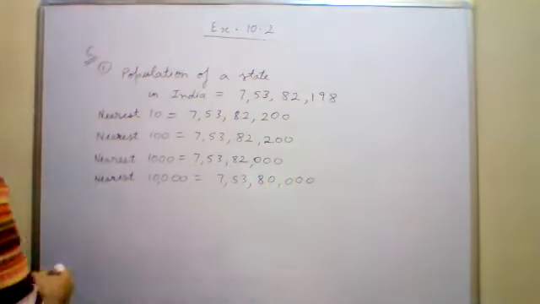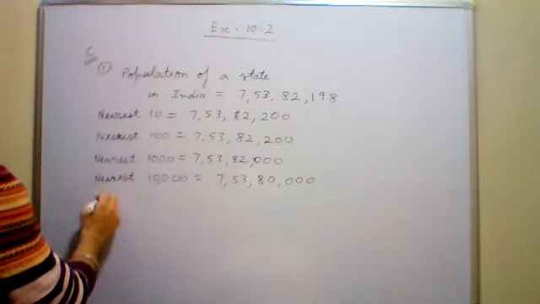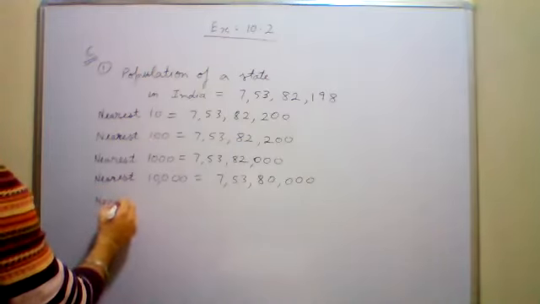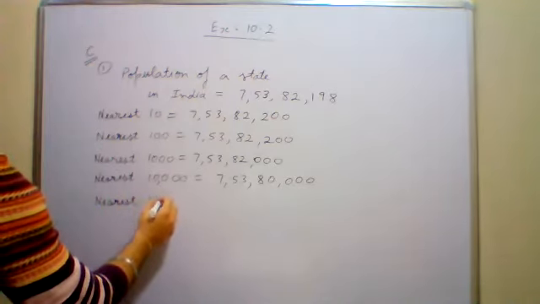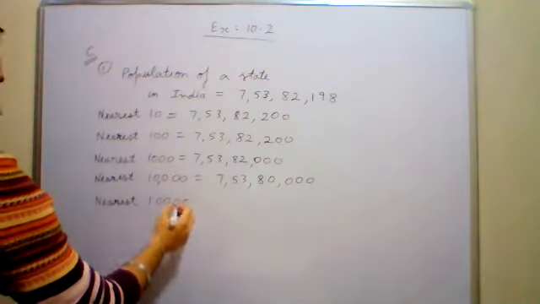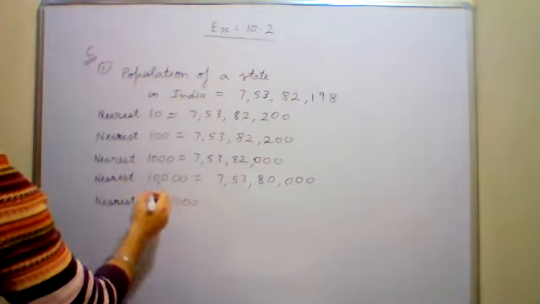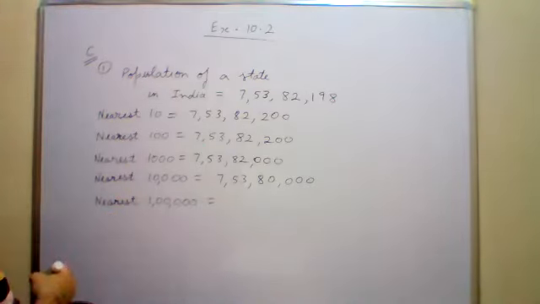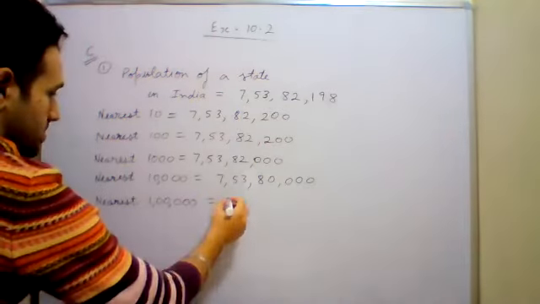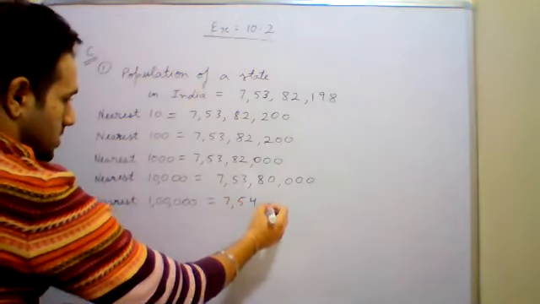Yes, 80,000. Nearest 1 lakh: if you round off to nearest 1 lakh, it becomes 7,54 lakh.